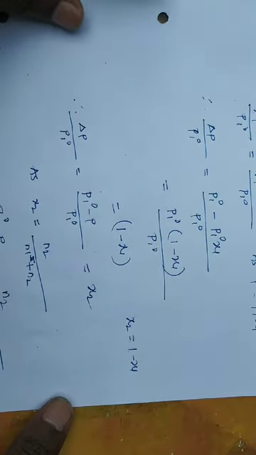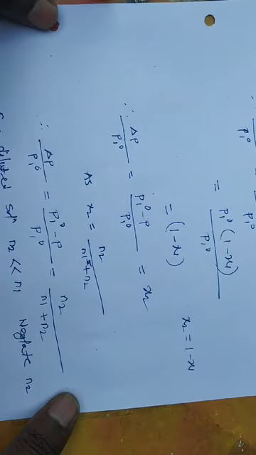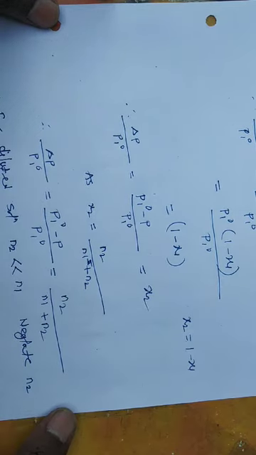By substituting the value into the equation, delta P upon P1 naught is equal to P1 naught minus P upon P1 naught is equal to x2. Is x2 the mole fraction of solvent or solute? Yes, it's the mole fraction of solute.